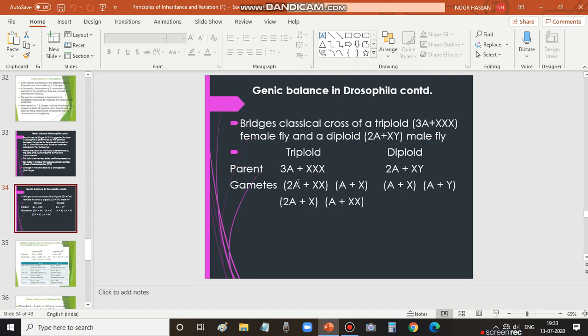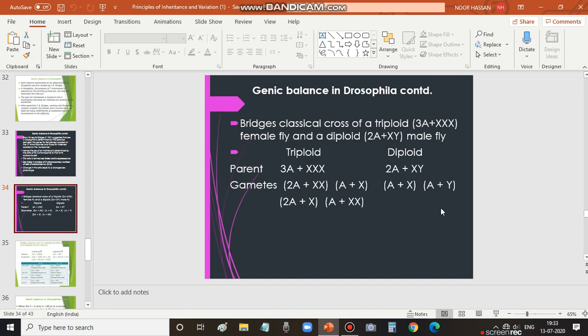Out of the 3 autosomes, 2 autosomes go together, plus 1 autosome here. Out of the 3 X chromosomes, 2 X chromosomes combine with the 2A and the remaining X chromosome with the other A. Otherwise, it is 2 autosomes plus 1 X, and the reverse, 2 autosomes plus 1 X plus 1A with the other 2X.